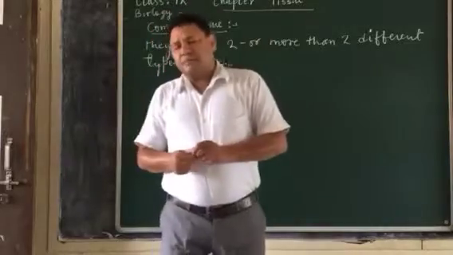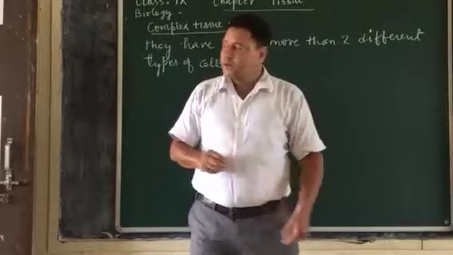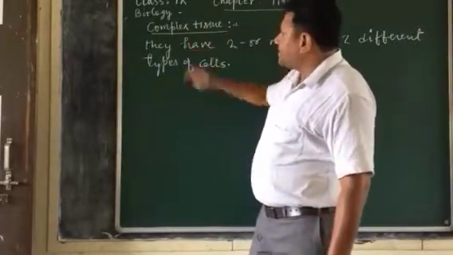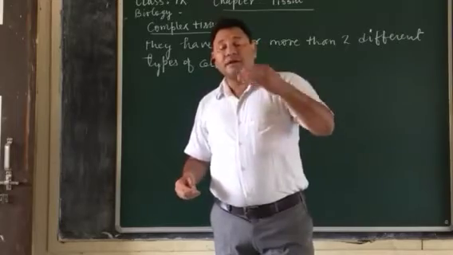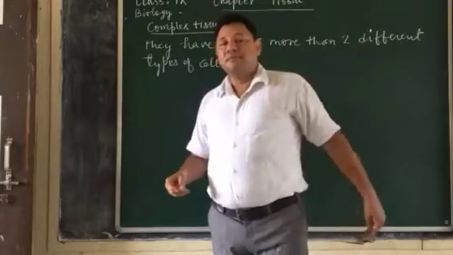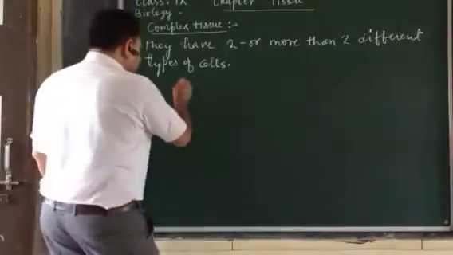Meristematic tissues and permanent tissues had only a single type of cell, but complex tissue has two or more different types of cells, in which we are going to discuss the conducting tissues.